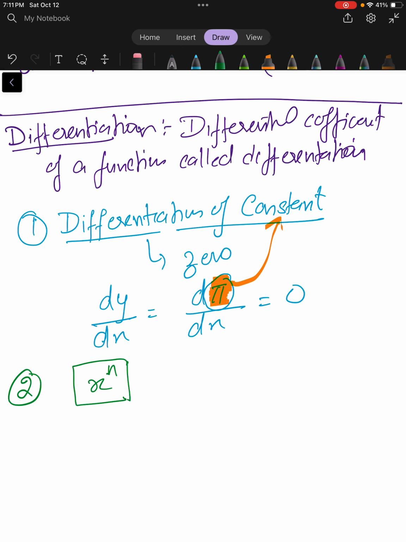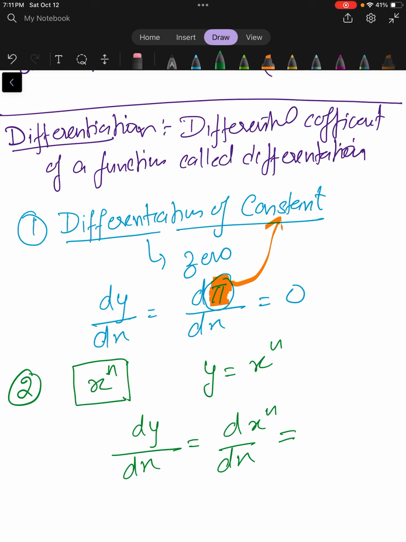We have to find the differentiation of y is equal to x to the power n. So dy upon dx is equal to d of x to the power n upon dx. The formula for this is n x to the power n minus 1.